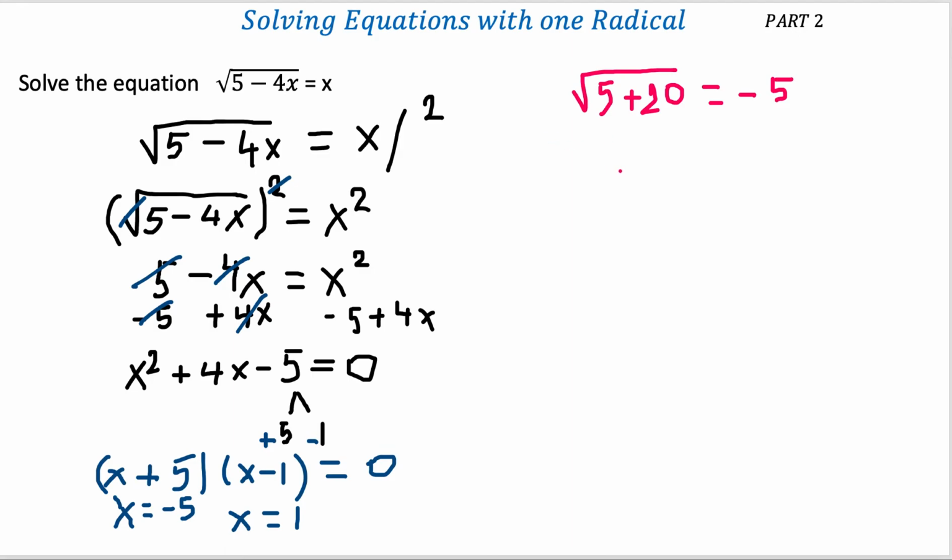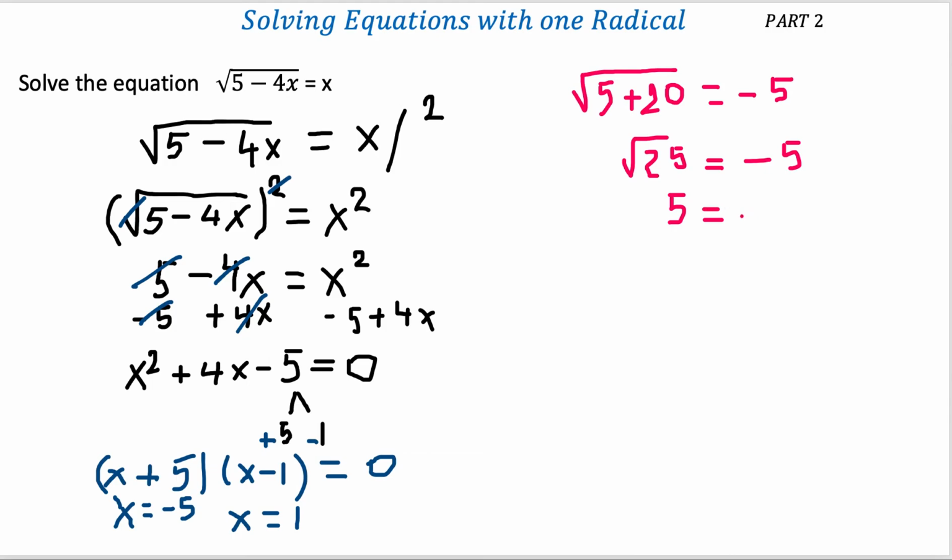And 20 plus 5 is very clear, it is 25. But now it is equal to minus 5. But clearly we see the square root of 25 is 5, but on the other side it is minus 5.